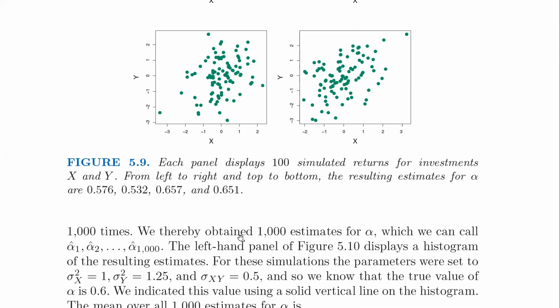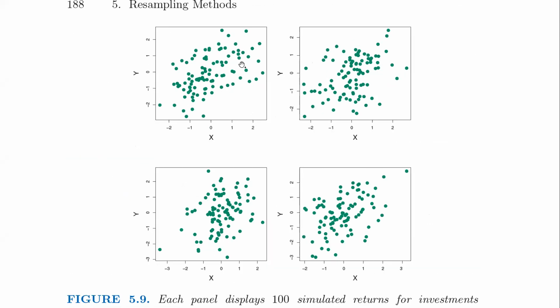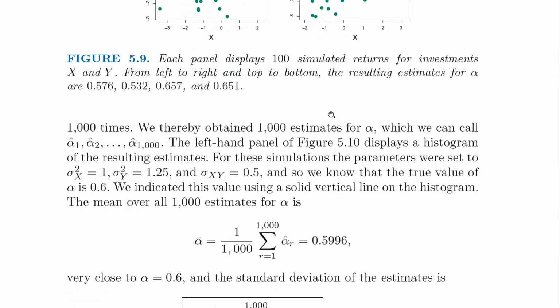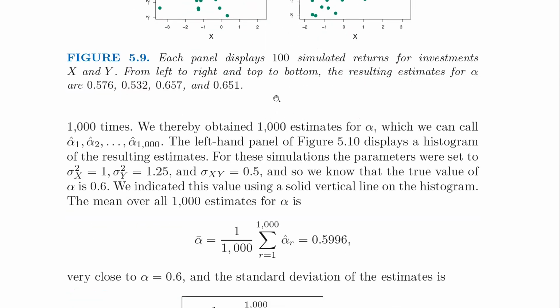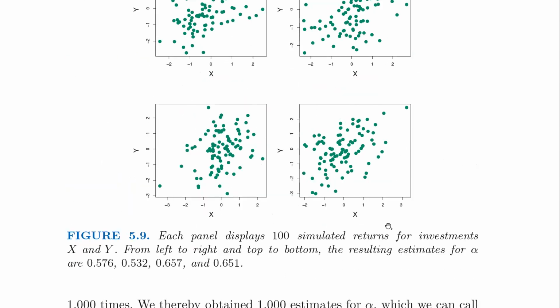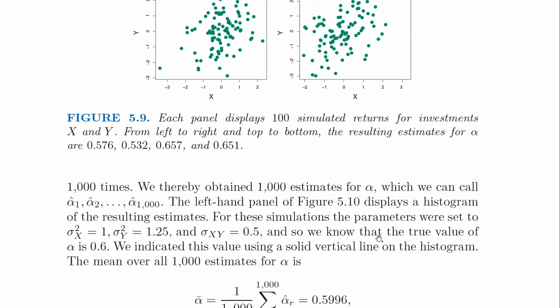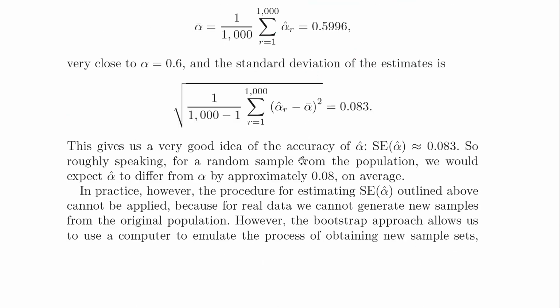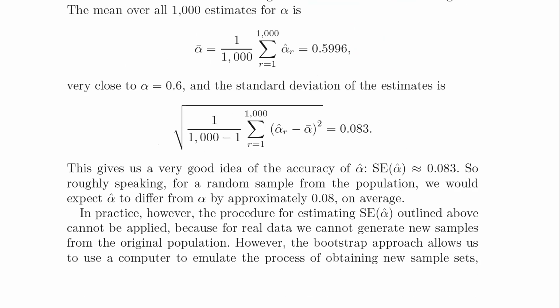So roughly speaking, from a random sample from the population, we would expect alpha hat. So if you had to pick a random sample, one of these four, for instance. Now, of course, the authors have used 1,000, but if you had to pick one of these four from these 1,000 simulations, each of 100 data points, then you would expect that the alpha hat that it gives you differs from alpha by approximately 0.08 on average.